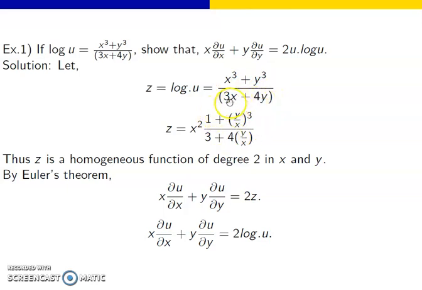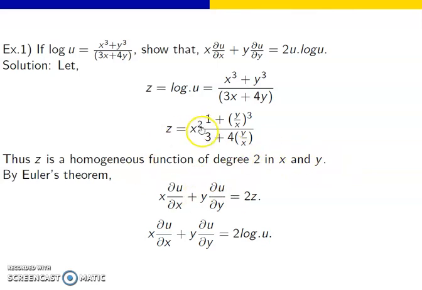Here, if I take x common, we get 3 plus 4 y by x. And what is the power of x? This is 2. So z is a homogeneous function of degree 2 in x and y.